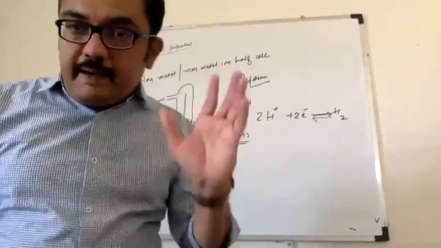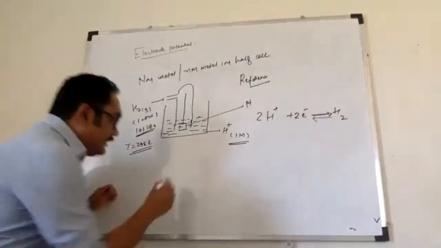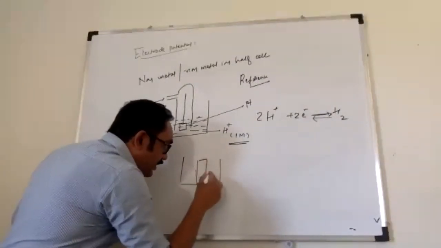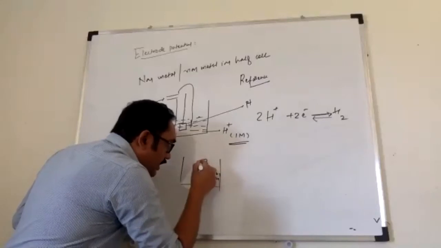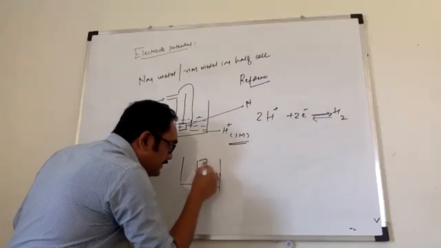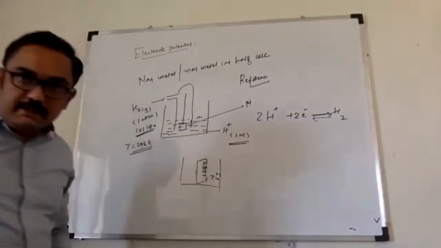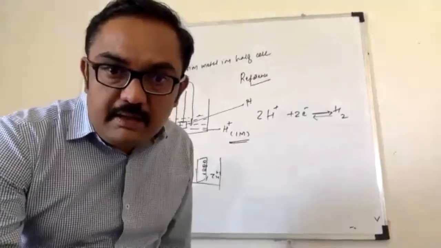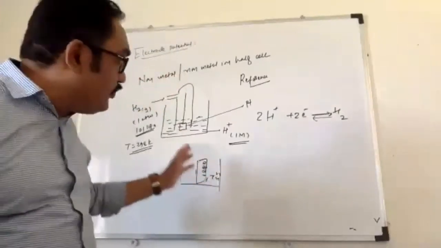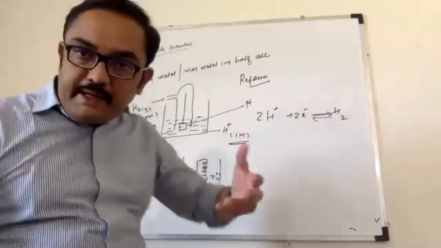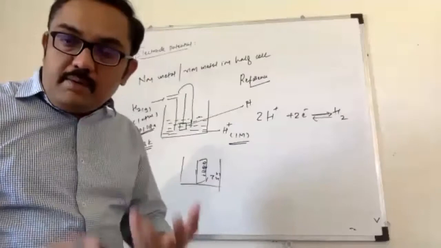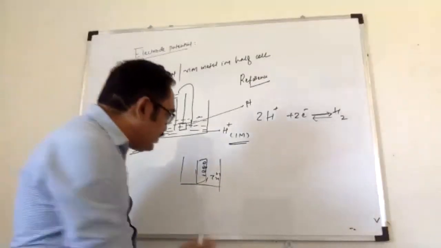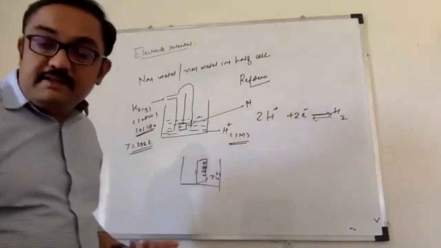Because think about the metal-metal ion system. How will you measure this electrode potential? Is it possible to measure it? Electrons are not flowing externally. I cannot put any device, I cannot measure the voltage. Whatever is happening, the exchange of electrons is happening inside the system.